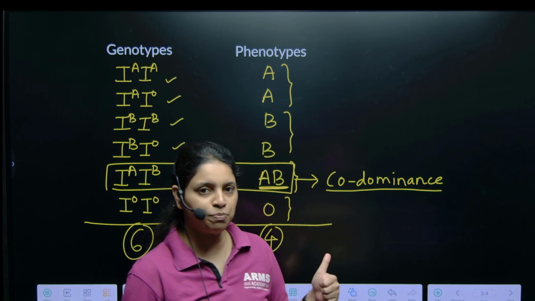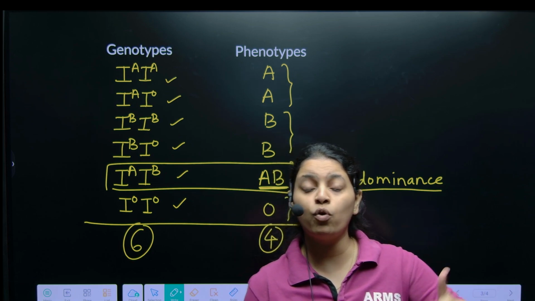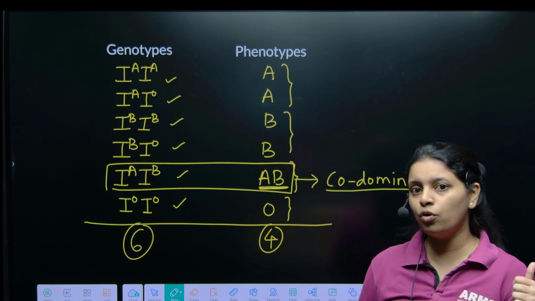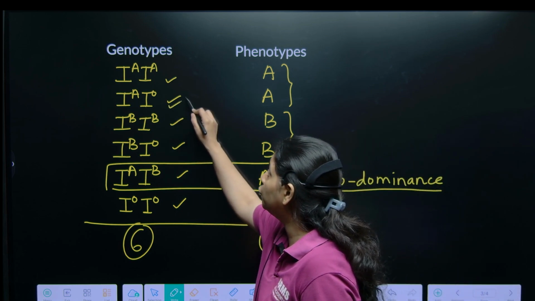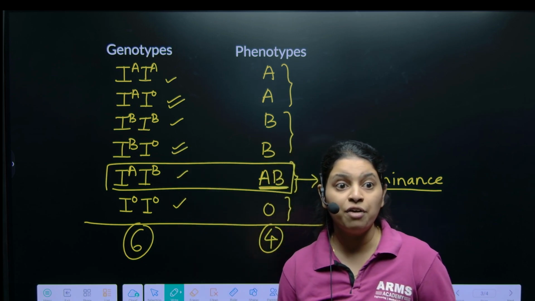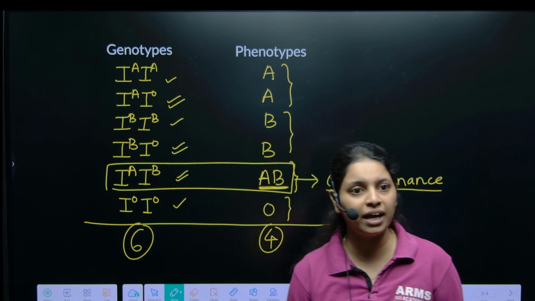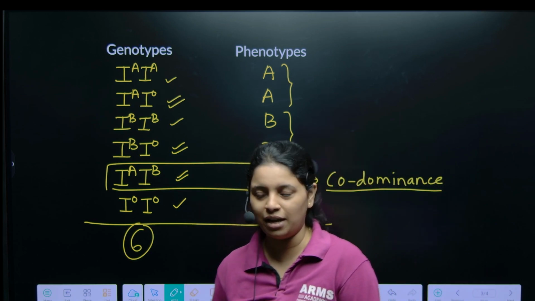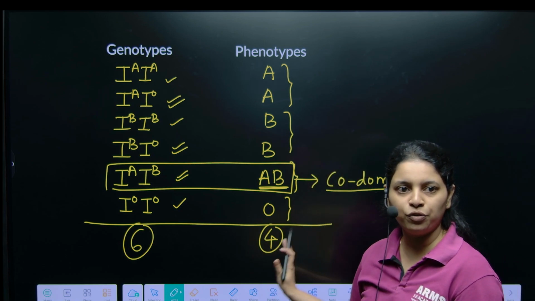We can explain multiple alleles, like there is one gene, but it has more than 2 allelic forms, IA, IB and IO. We can explain complete dominance using these two, and codominance using this genotype IAIB. Now I hope these genotypes and phenotypes are clear.